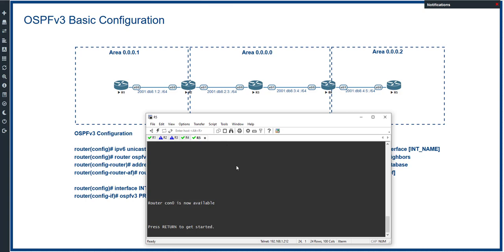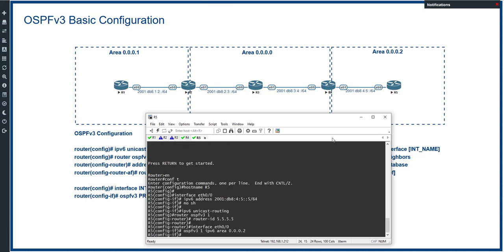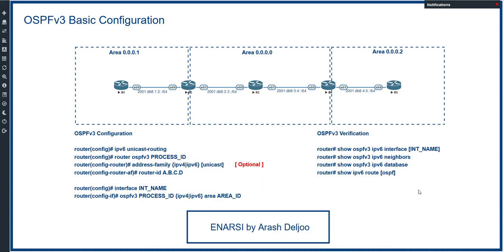Okay, now we can use the verification commands of the OSPF, for example, neighborship, LSDB, and other information that is useful for verifying the functionality of OSPFv3. Now let me use these OSPF version 3 verification commands. You can use show OSPF IPv6 interface for verifying the interfaces enabled with the OSPF.